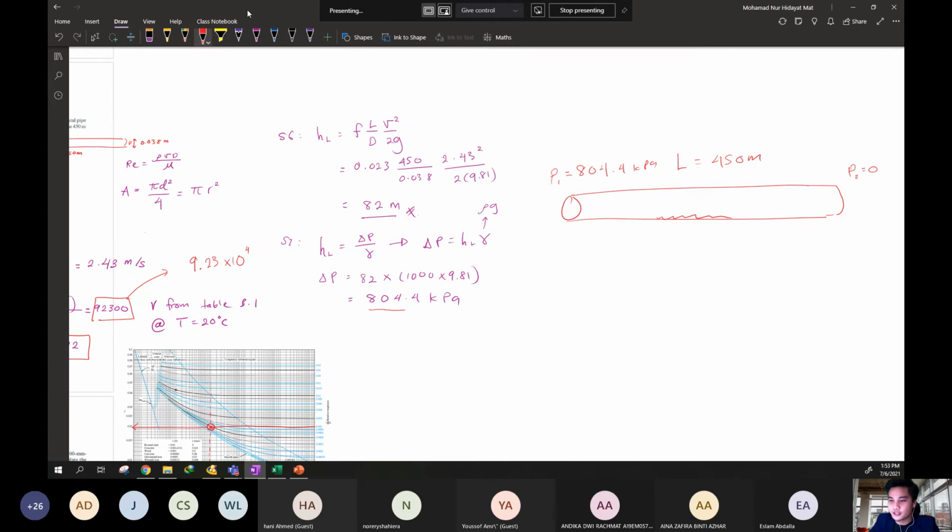Okay, everyone, do you understand? If the pressure at the inlet is less than this value, what happens? Anyone would like to try? Are you guys there?